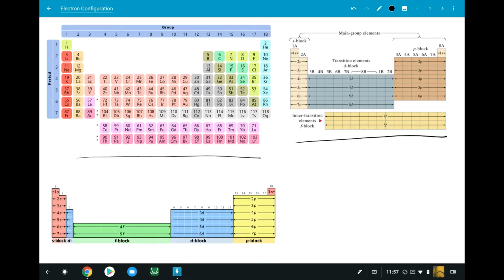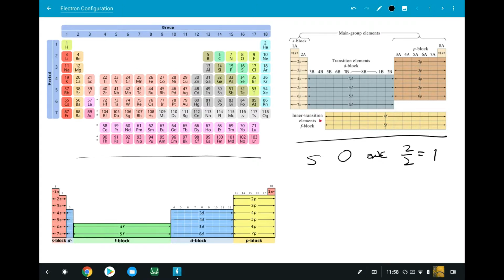The s block is the first two columns, and an s orbital has a spherical shape, and there's only one orbital. The way we can determine that is we take the columns. Since there are two columns for the s orbital, 2 divided by 2 equals 1. So there is one s orbital.